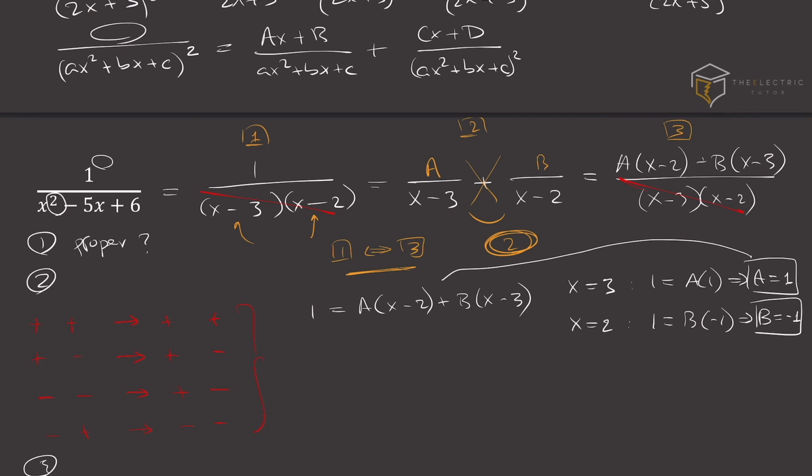And now that I have my a and b values, I am ready to look at expression number 2, which is this one, and write my final result. Therefore, I can say that 1 over x squared minus 5x plus 6 can be decomposed into 1, which is a, over x minus 3, plus, and then b is minus 1, so I'm going to say minus 1 over x minus 2, and we're done. Let's do another example.